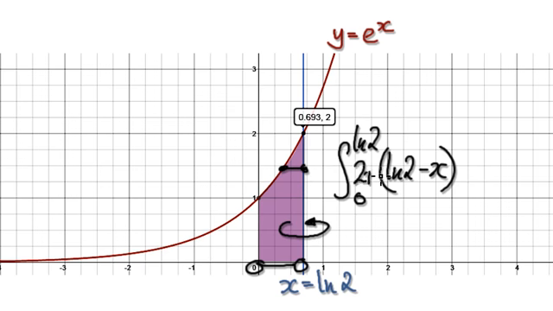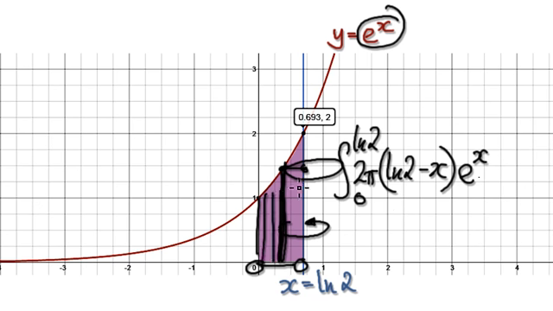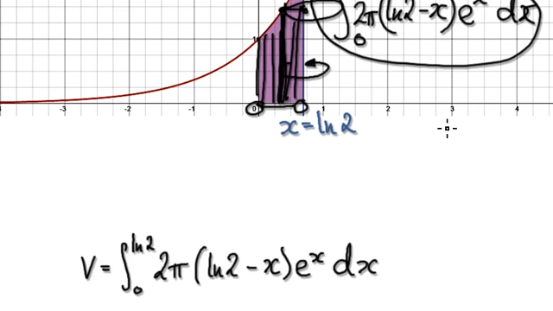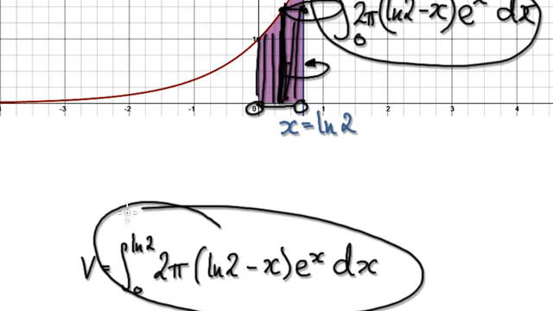It will be 2 pi, so 2 pi r will give you the circumference. And then we need to times the height of this cylinder. The height is given by this. And don't forget, we're moving in the dx direction, so it will be dx here. So the volume is given by this thing here.